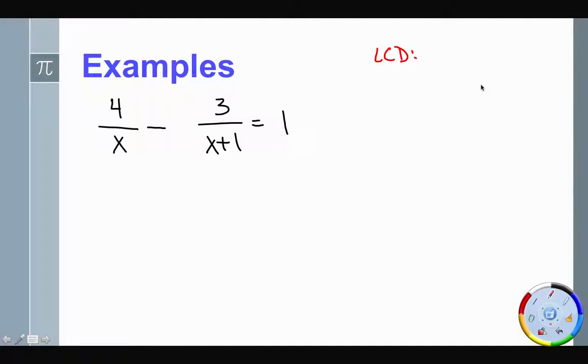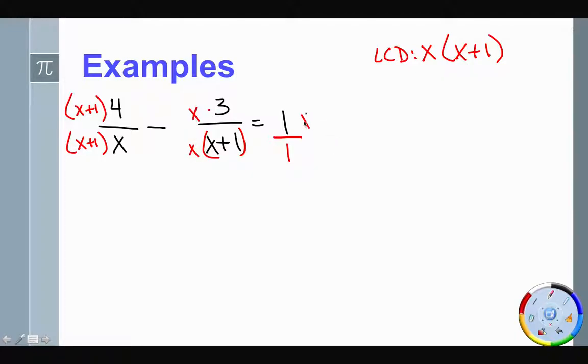Those are completely different, so that means it's x times x plus 1. And this denominator here is just a 1, so that's going to be my LCD here. Since I have the x, this one needs an x plus 1. This one here has the x plus 1, and therefore it needs the x. And this one has neither, so I need to put them both in here.